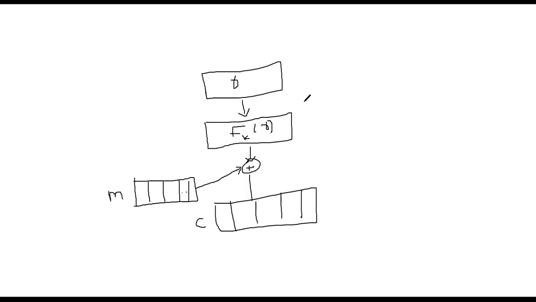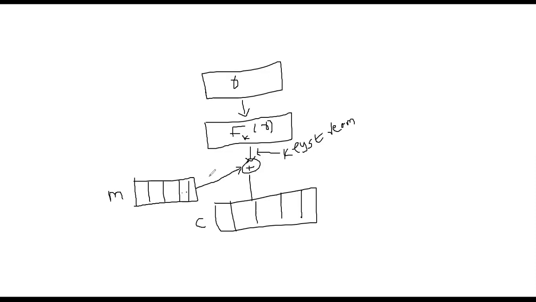Why is this construction secure? This construction is secure because R is randomly chosen, and the pseudo-random function by definition will give you random output, some other random output, and we usually call that a key stream. You have a stream of bytes, and you combine it with your message stream, or stream of bits.